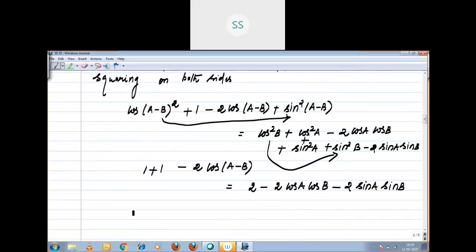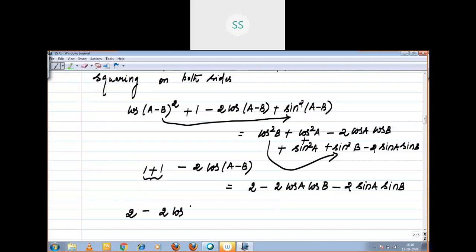Using the identity only we are going to find the solution of this exercise. Sorry, children. By mistake, I scrolled down. Now you see, 2 you should take as common.